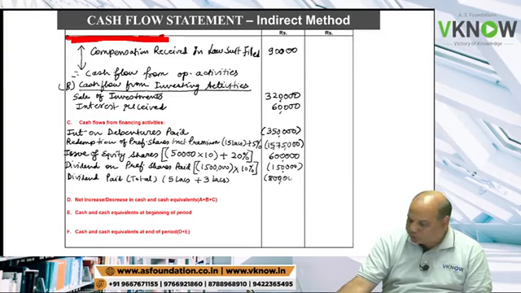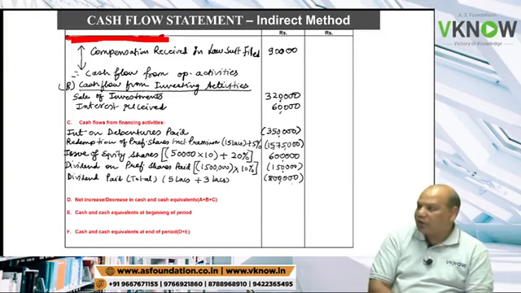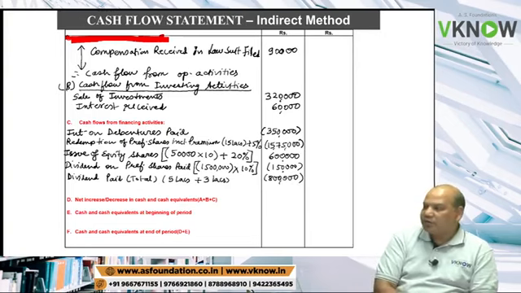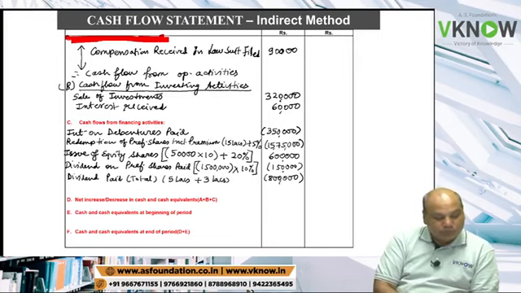You want to write separately 5 lakh and 3 lakh on separate lines? You can. Otherwise, this is okay. Land was purchased for which company issued shares. This will not come in cash flow statement because there is no inflow or outflow of cash here.